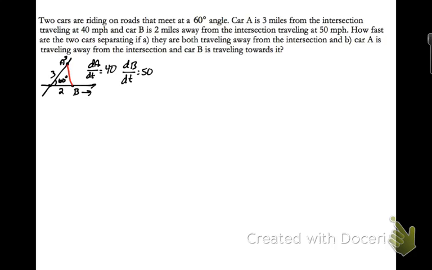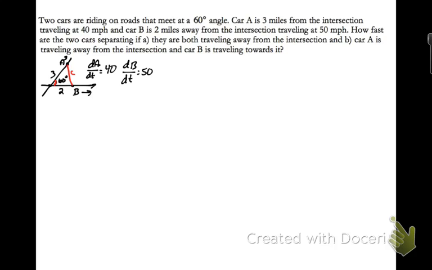Now all we know is the angle, this angle down here is 60 degrees. We don't know anything else about this triangle, so we cannot assume that it's right, and I would suspect it's probably not right. So I'm just going to call this length that we're looking for C. And we're going to need to recall some things, at least for this first question, about the law of cosines.